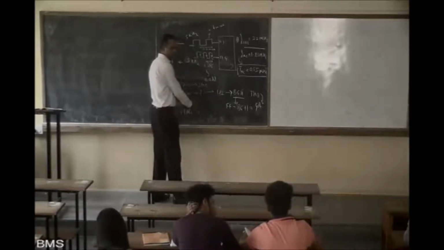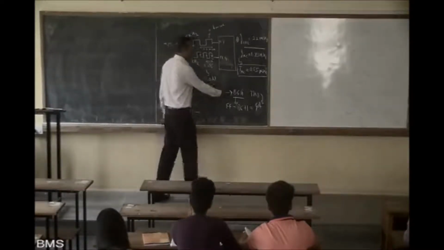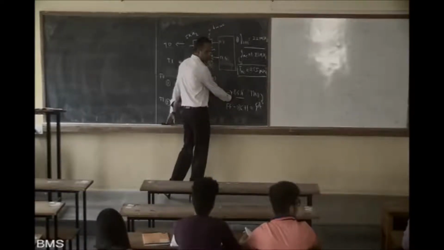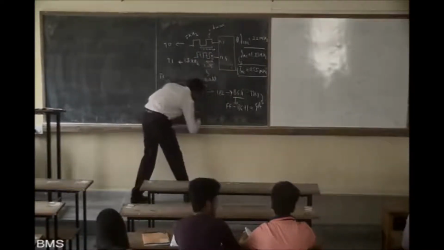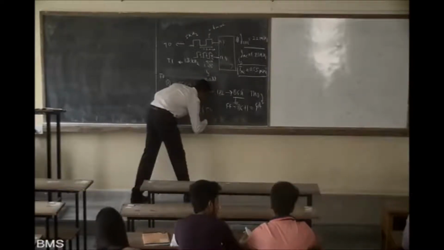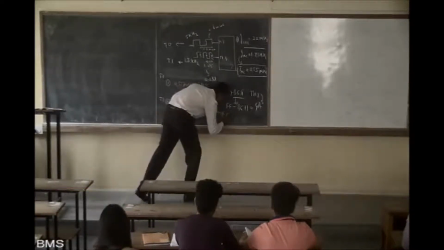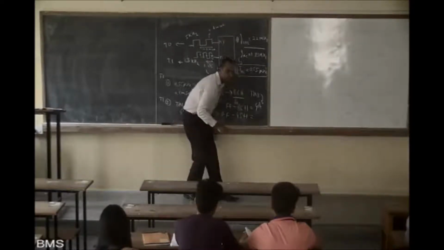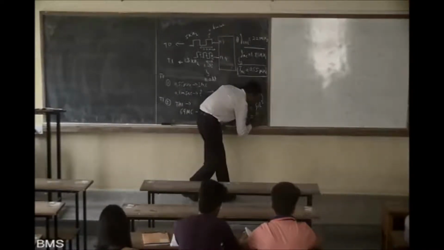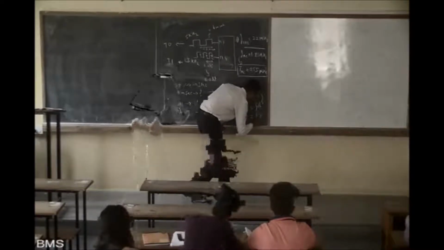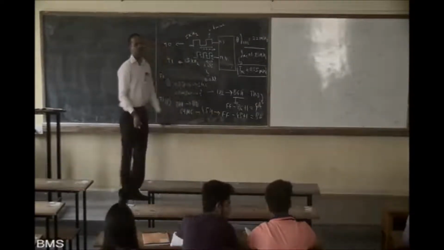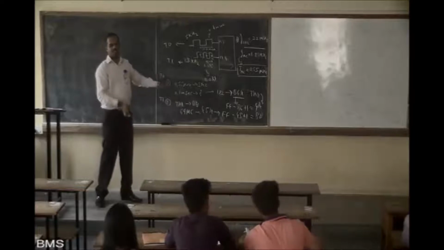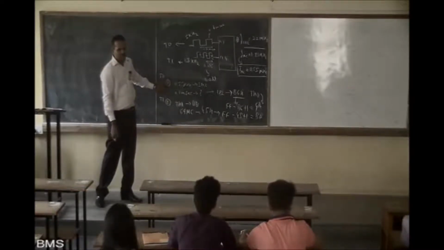What is the value of 69 machine cycles in hexadecimal? 45. 45 in hexadecimal, and then you should do FF minus 45 plus 1. How much? B. TH1 value is B. This is a calculation that you have to do first.